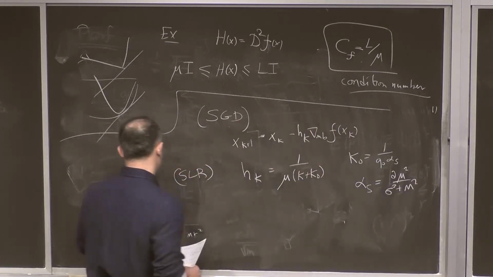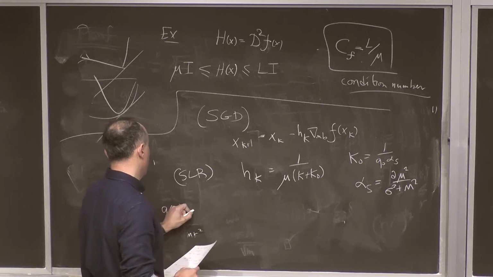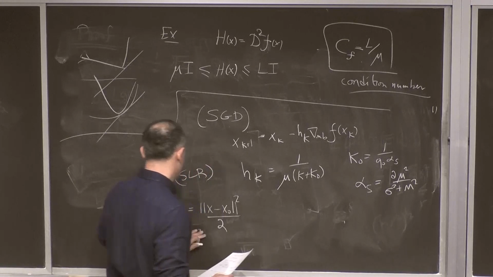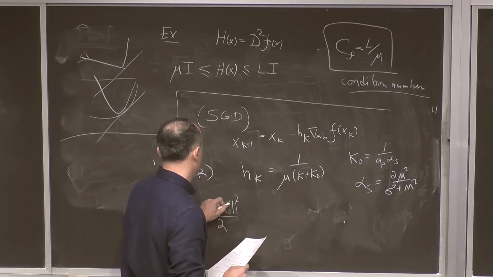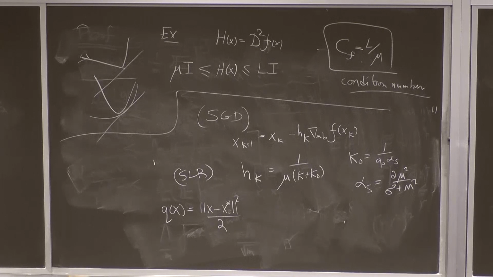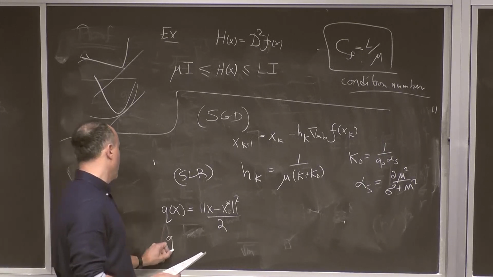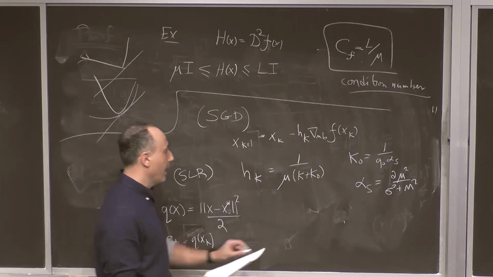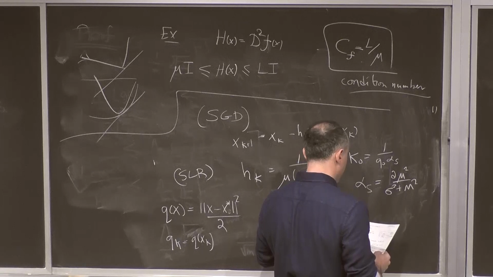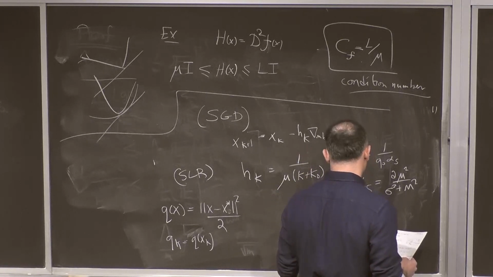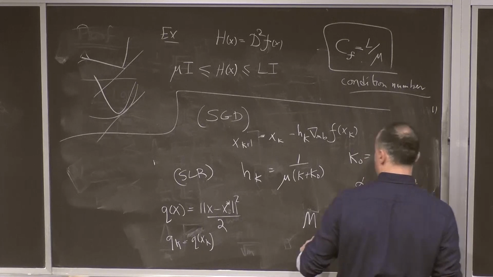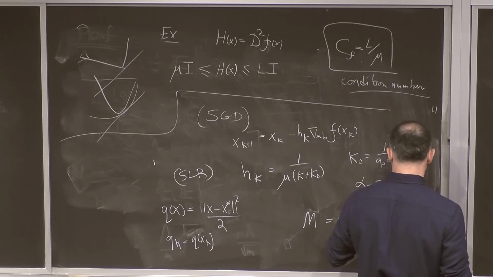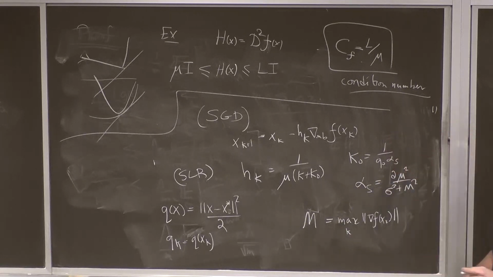Okay, and now Q of x is just the distance squared over 2 to the optimum point. And Q_k is just shorthand for Q of x_k. And M, the M that you see here, it's a bit weird to see it, but it'll be the maximum over all k in our algorithm of the gradient norm, so it's the biggest gradient you'll ever see.